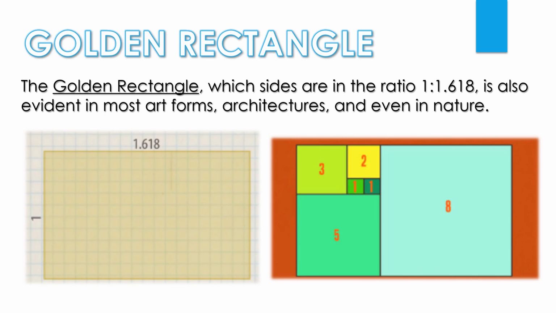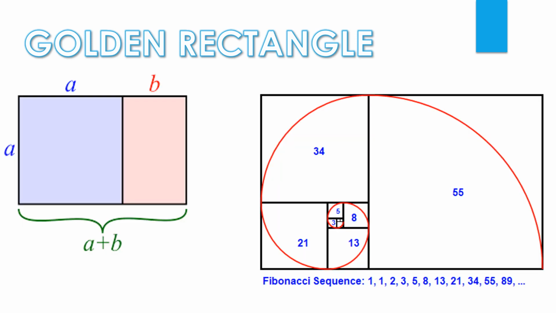So, as we observe, yung 1, 1, 2, 3, 5, and then 8 are all in the Fibonacci sequence. Okay, so ito, the Fibonacci sequence that we have here at the bottom. So yun yung 1, 1, 2, 3, 5, 8, 13, 21, 34, 55, and then 89.